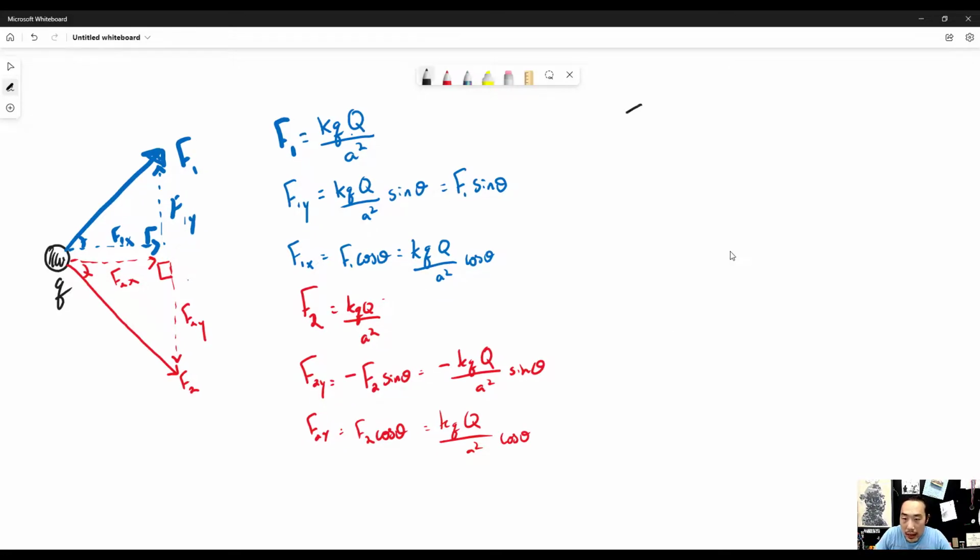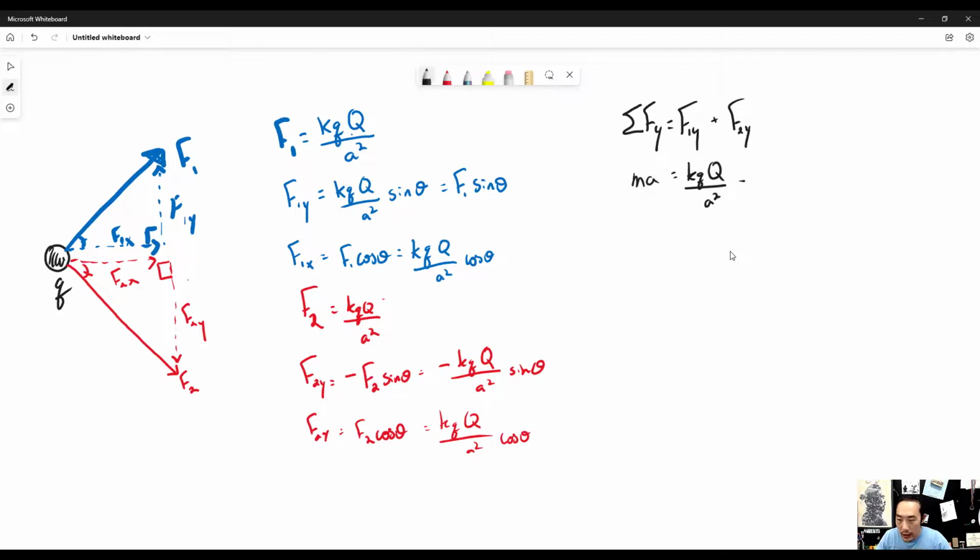So if I were to create a net force in the y-axis, we will say that we have f1y plus f2y. And if you're thinking, Mr. Lee, isn't f2 pointing downwards? Well, yes, but just wait till I substitute things in. So we can say which is equal to, we could even write this as ma, F equals ma, but f1y is equal to kqQ over a squared.